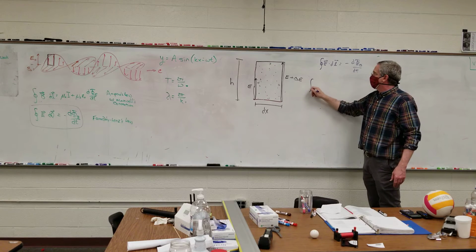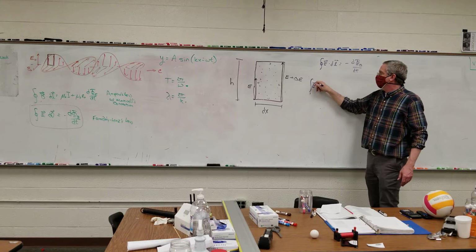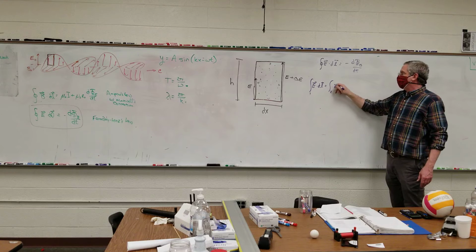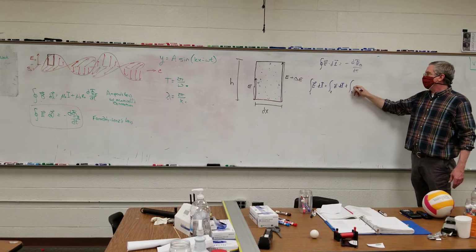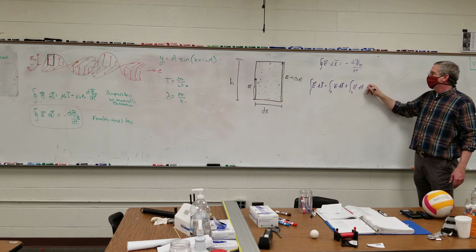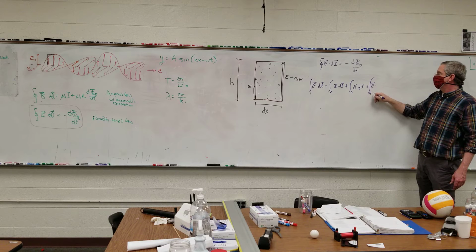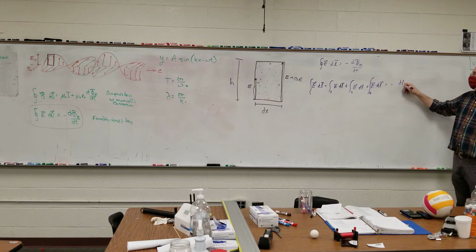So this is the integral along path 1 of E dot dl, plus the integral along path 2 of E dot dl, plus the integral along path 3 of E dot dl, plus the integral along path 4 of E dot dl, is equal to the negative d phi B dt.